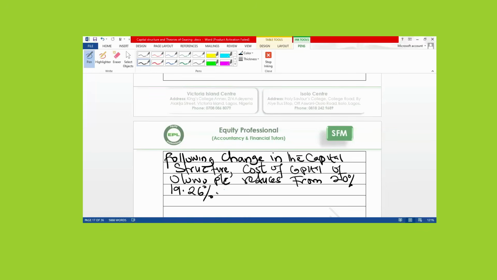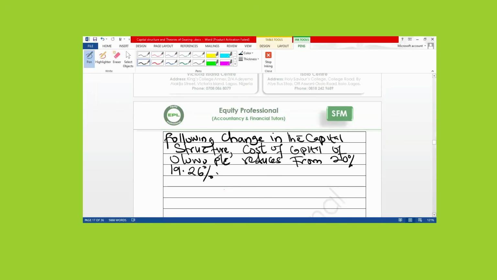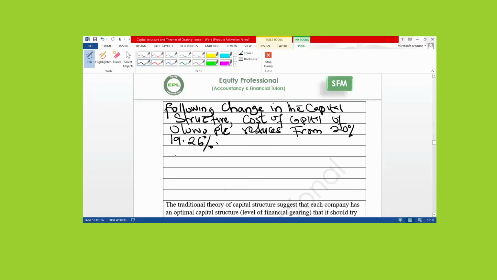The weighted average cost of capital of a geared company is lower than that of an ungeared company. Look at the summary. The summary will help you again.